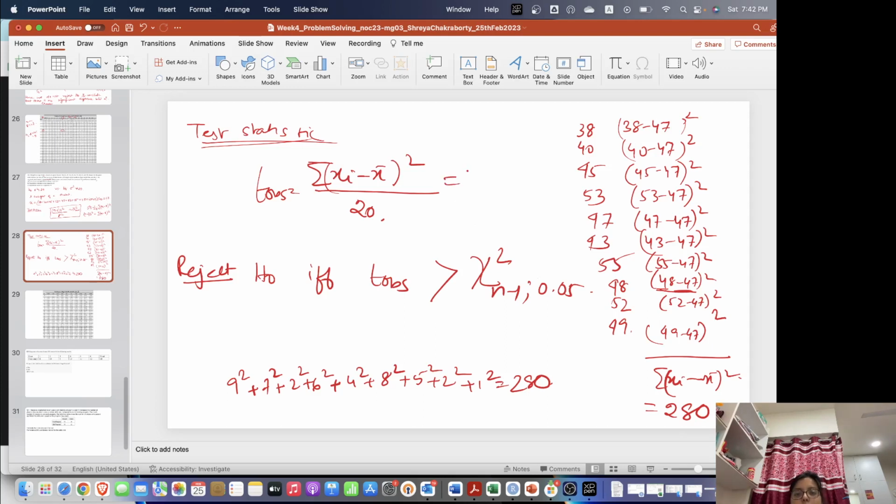So finally, 280 by 20, that is 14. Now we'll find out chi-square 19, 0.05.